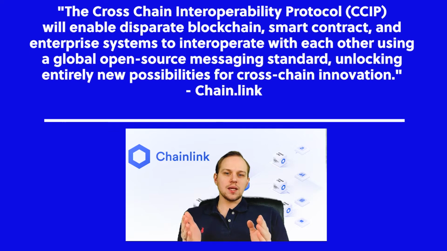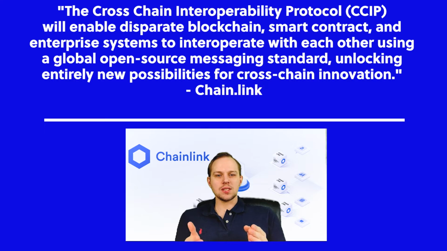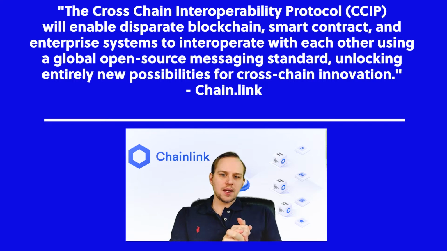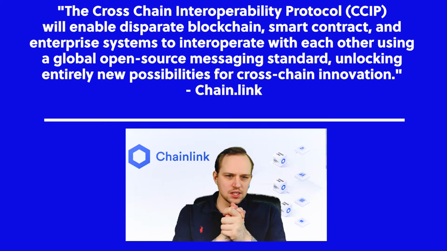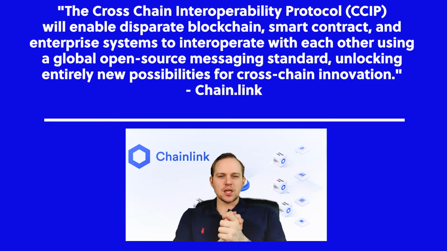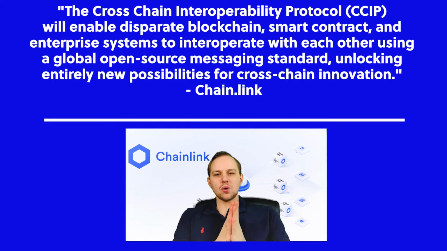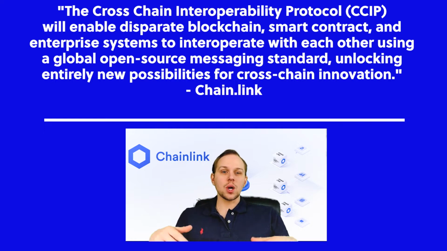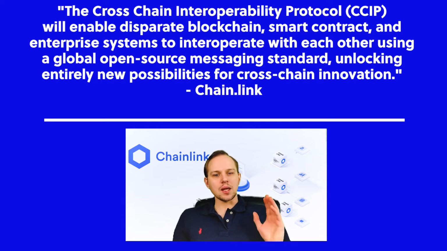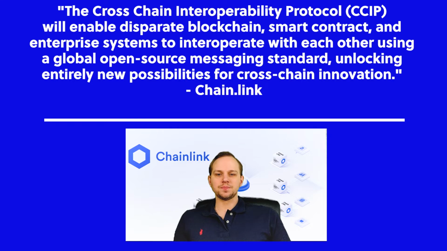The Cross-Chain Interoperability Protocol, CCIP, will enable disparate blockchain smart contract and enterprise systems to interoperate with each other using a global open source messaging standard, unlocking entirely new possibilities for cross-chain innovation.